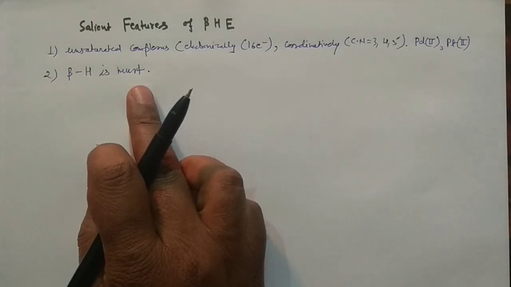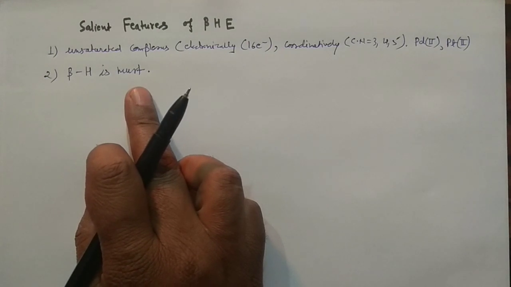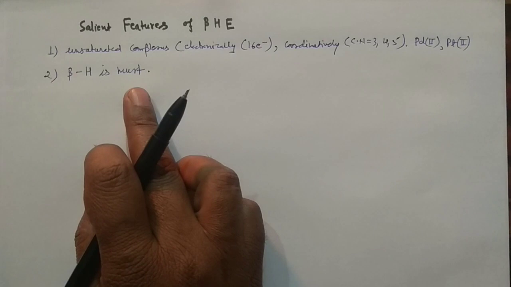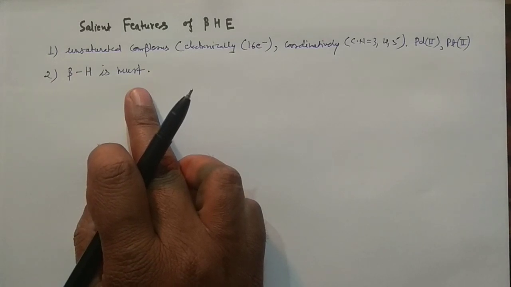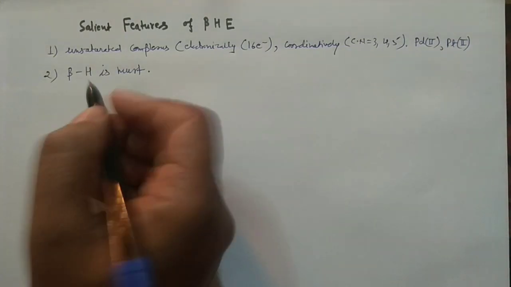Sometimes you can see the 18 electron complexes. I have already told you the presence of the beta hydrogen is a must.